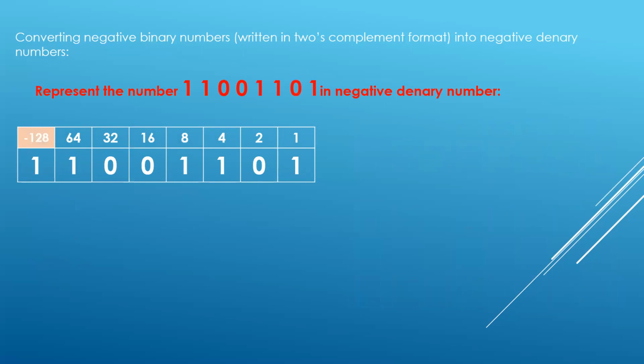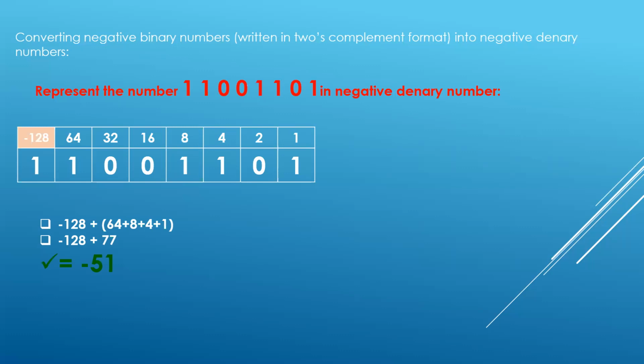You have placed them in the right positions, and you will simply add the way you have been doing. But the only change is your MSB will not be anymore 128. It will be -128. So -128 plus 64 plus 8 plus 4 plus 1. -128 plus 77. And your answer is -51.